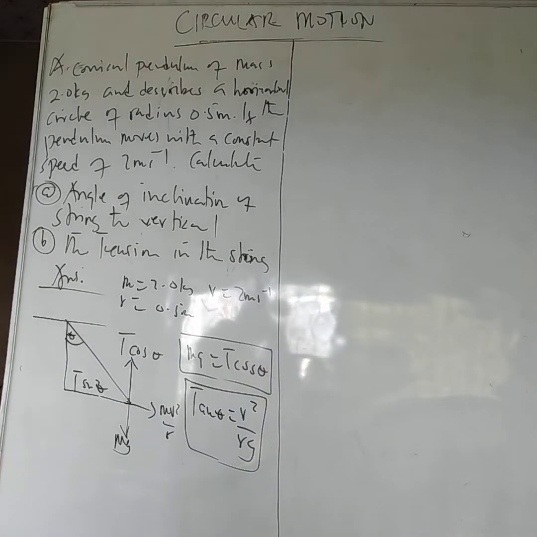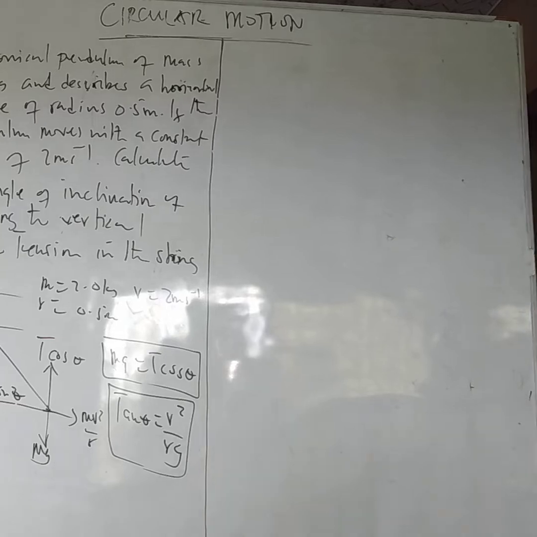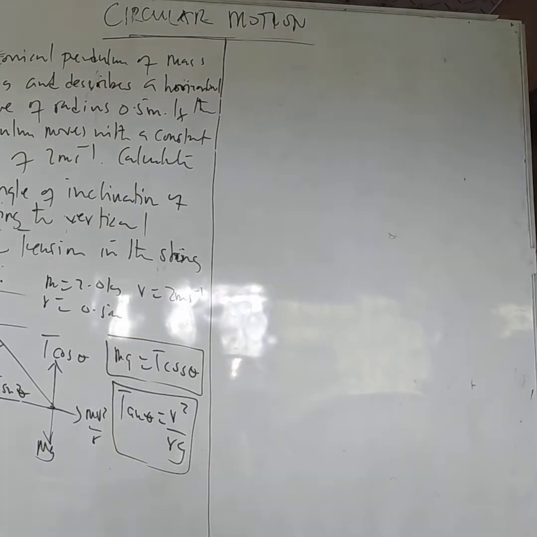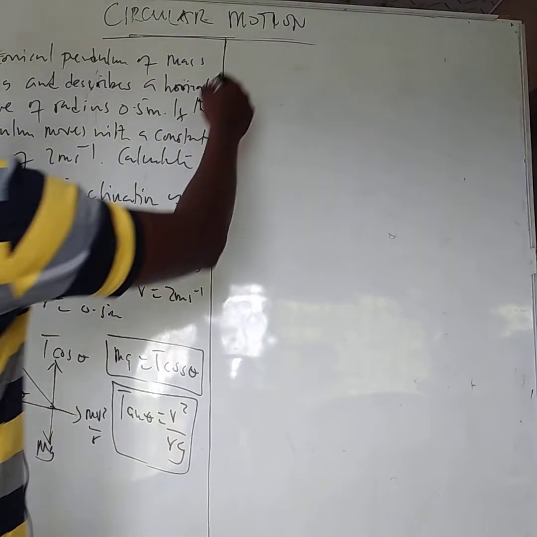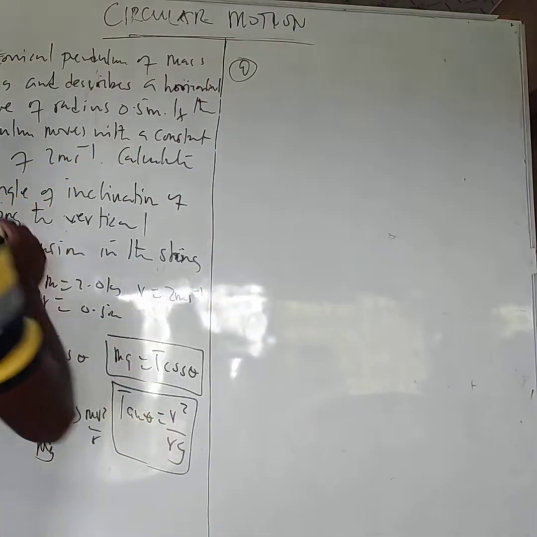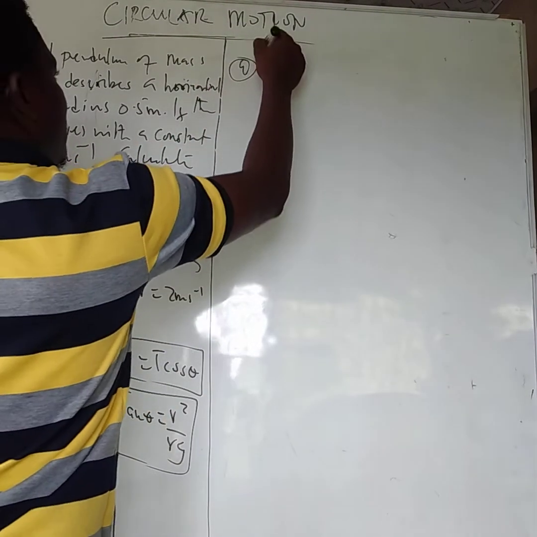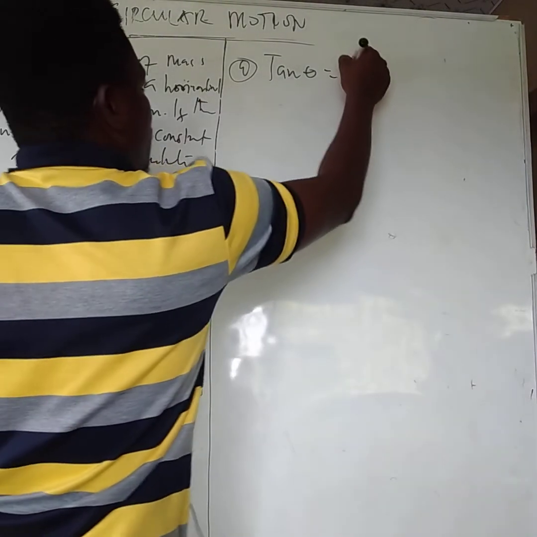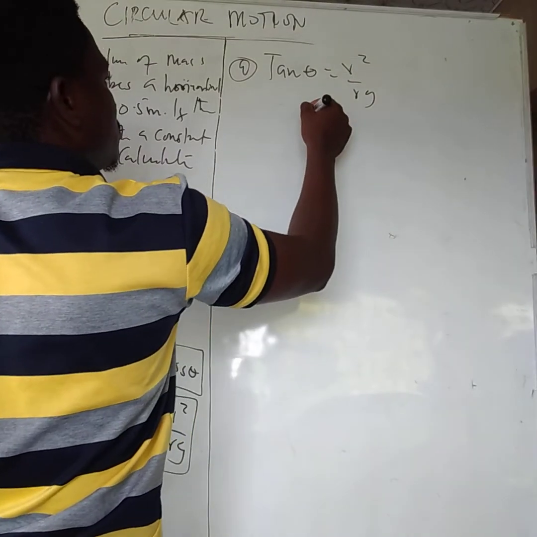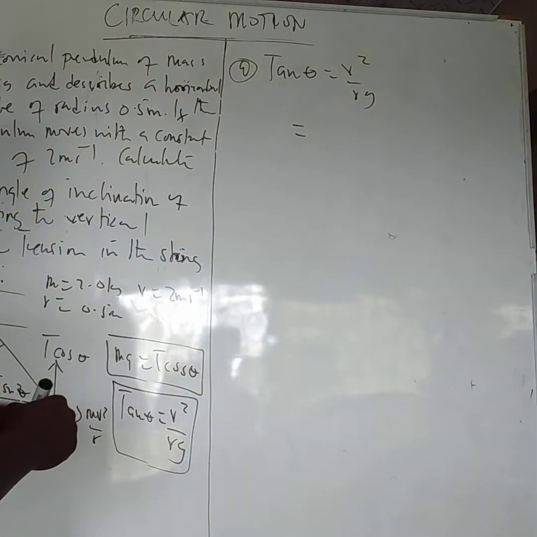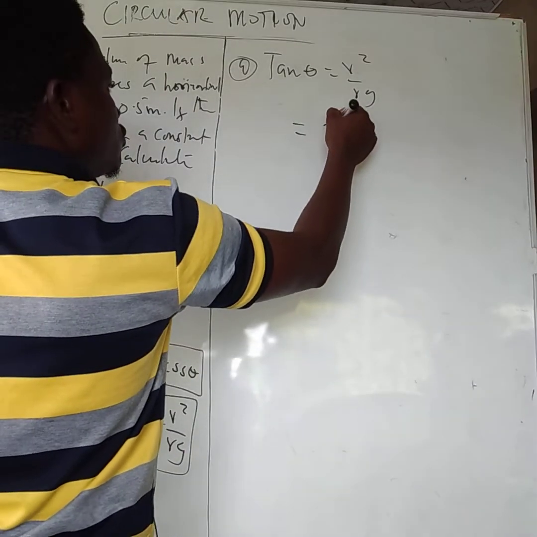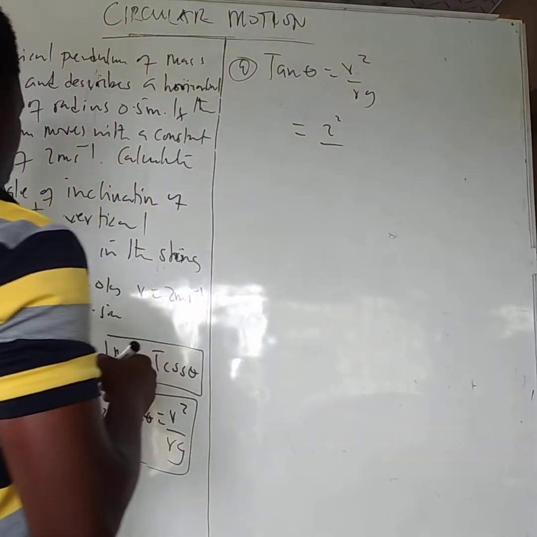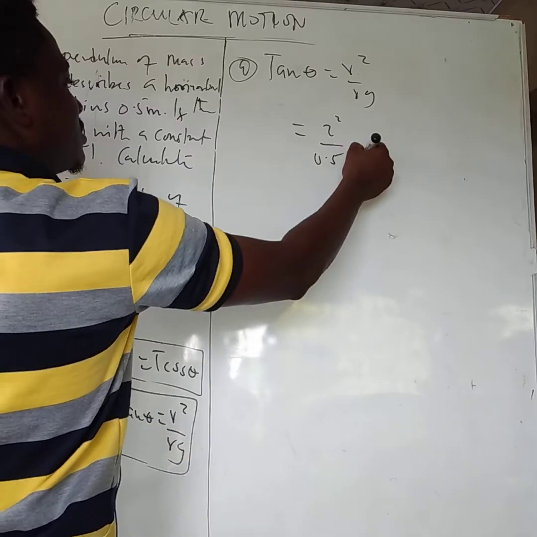The first one, we have to solve for the angle of inclination. So for A, tan theta is equal to v squared over rg. You have v as 2, so 2 squared all over r, the radius is 0.5, and g is 10.